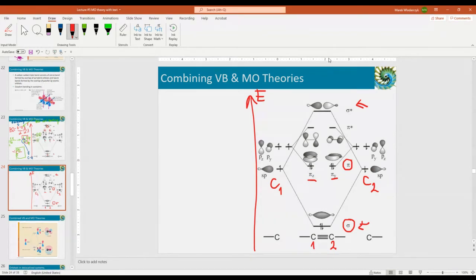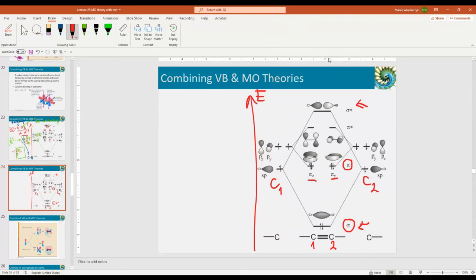Yeah, what you want to do here is understand that in the formation of the triple bond, you need to know from the hybridization that there are two sp orbitals and two p orbitals. One of these sp orbitals is used to form the sigma bond between two carbons, carbon 1 and 2, and two of the electrons from the p orbitals are used to form the pi bonds.